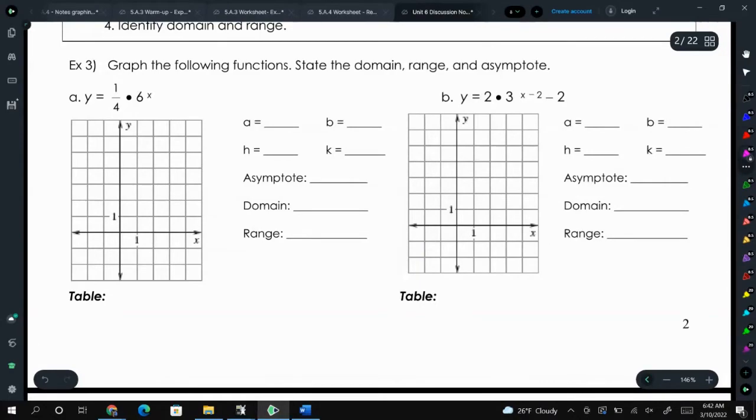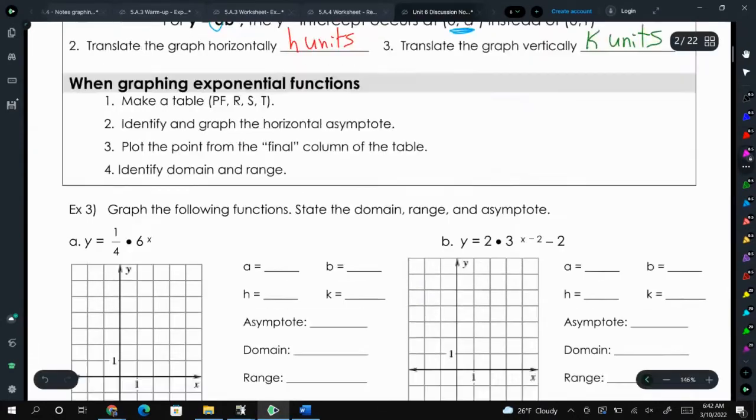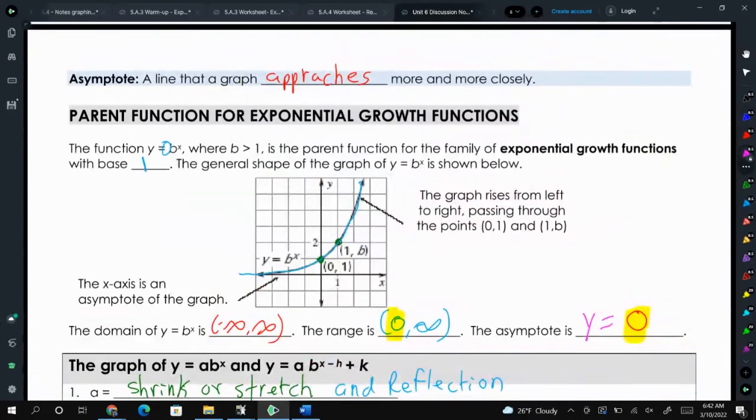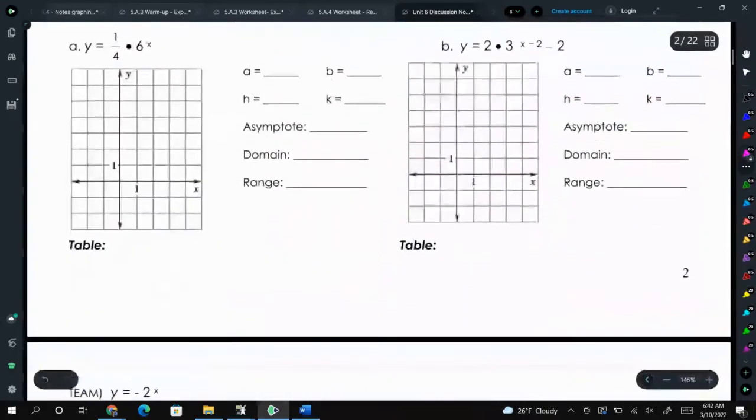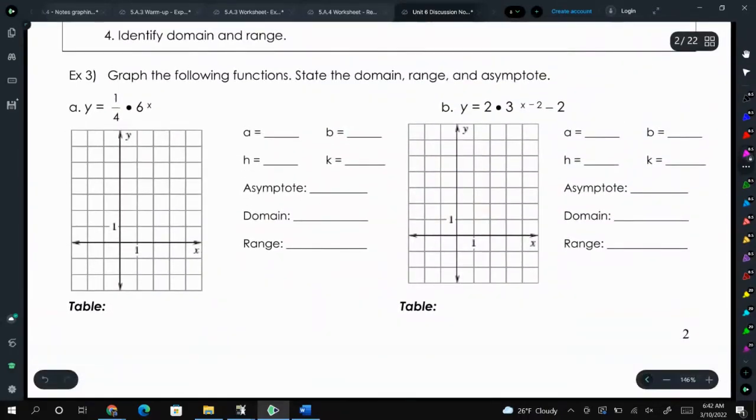Now, when we graph these, we're only going to do 2 points. Up here, we had (0, 1) and (1, b). We are going to make a table, and the table is not going to have a lot of points, but we just need to know the general shape that this goes in.